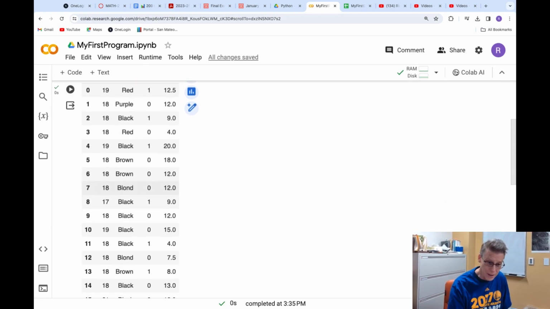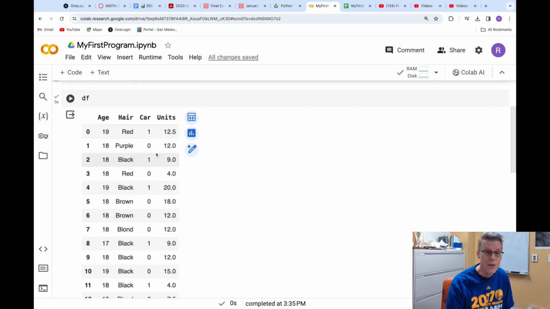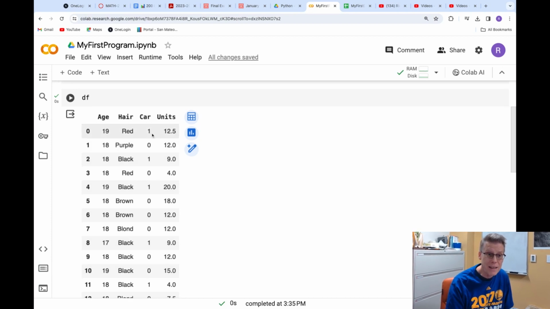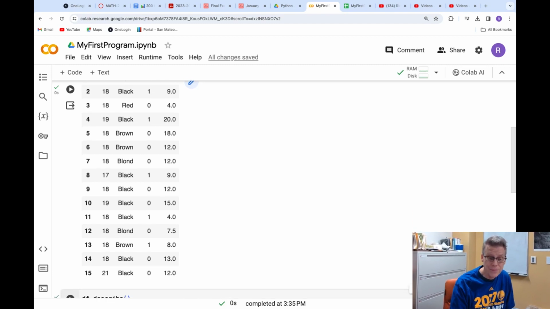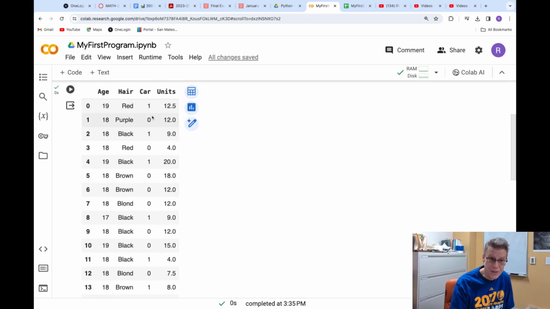Now, the good news is when you have ones and zeros like this, and you add up all of these numbers, what that basically does is counts how many ones there are, and then divides that by 16. And what that gives us is the proportion of this data set that are yeses.